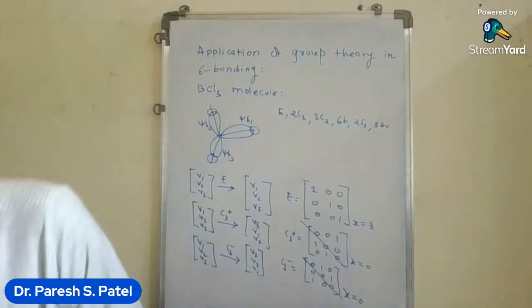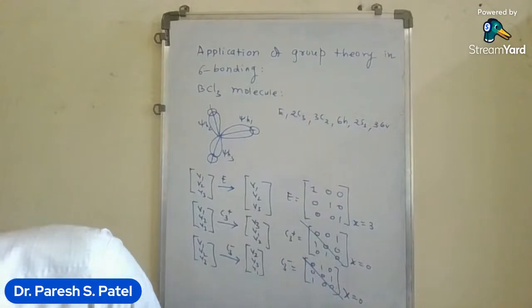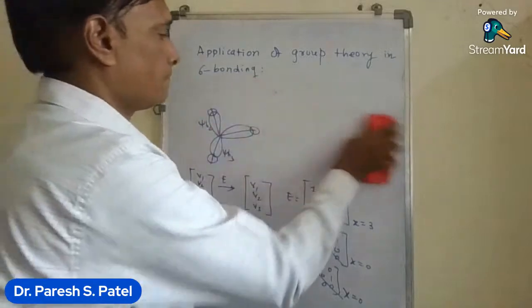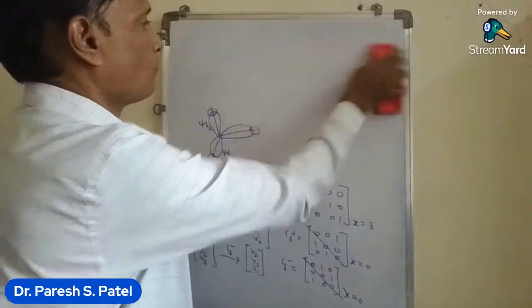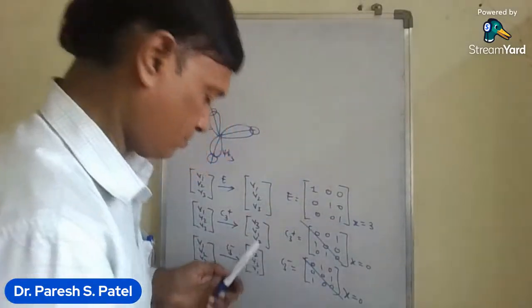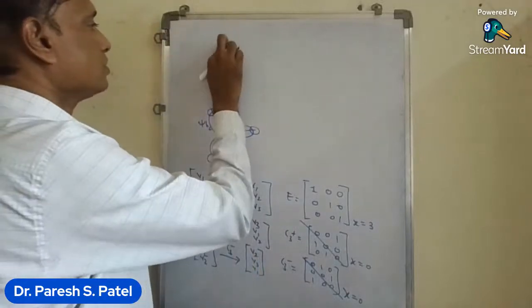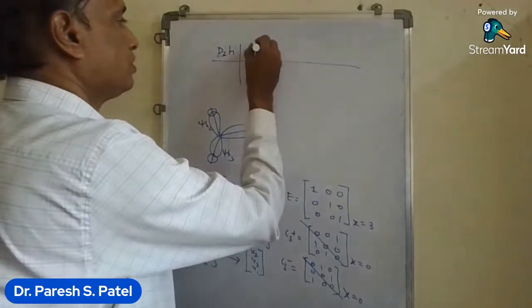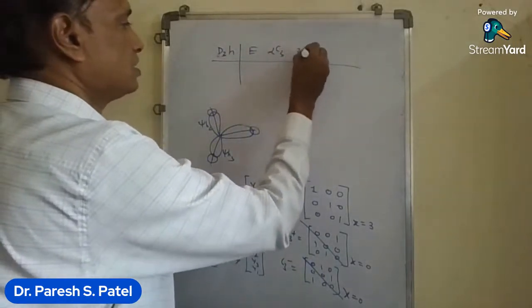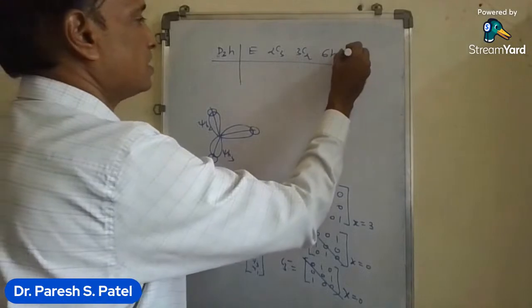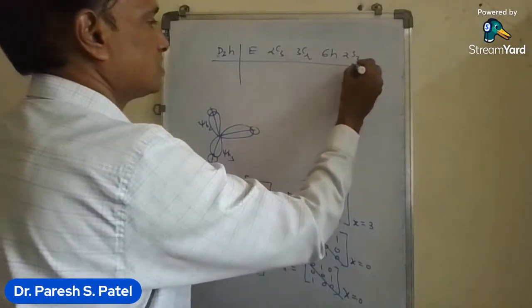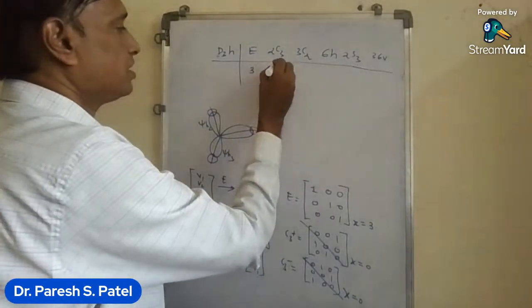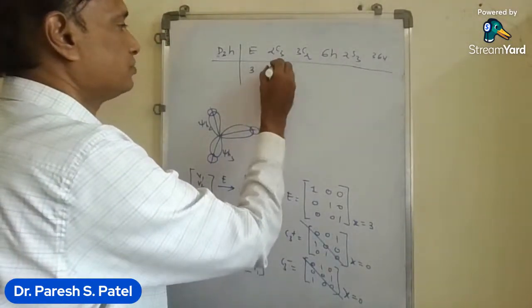So in this case, for D3h: E, 2C3, 3C2, sigma h, 2S3, 3 sigma v. Identity is 3, C3 is 0.